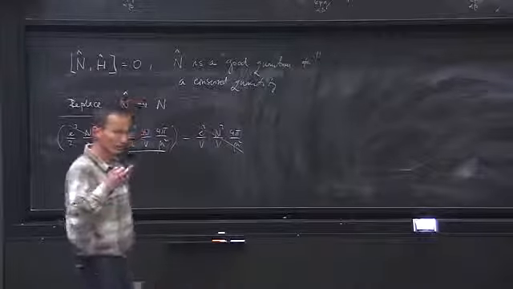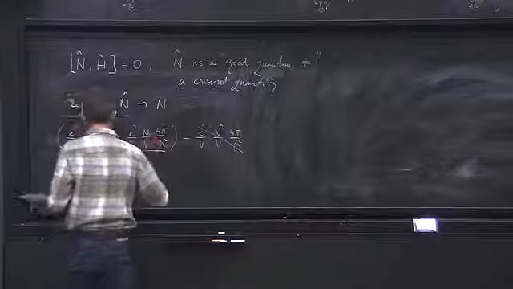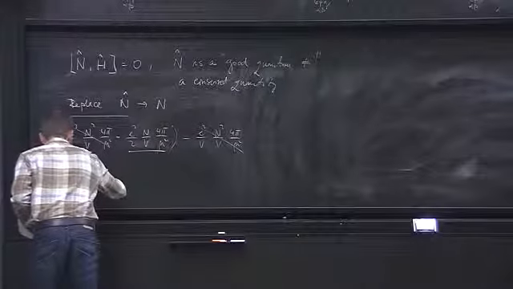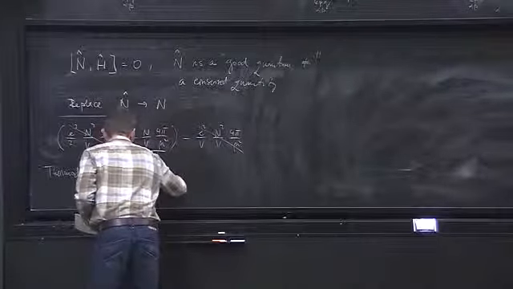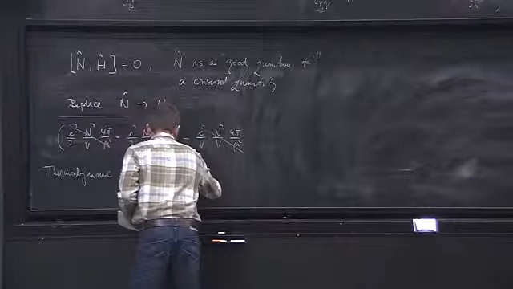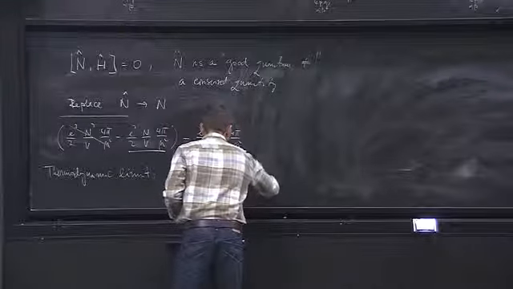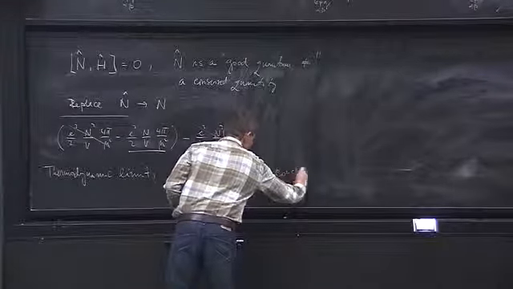However, as we discussed at the beginning, I want to go to the thermodynamic limit, which is n and v go to infinity while n over v equals n stays constant.